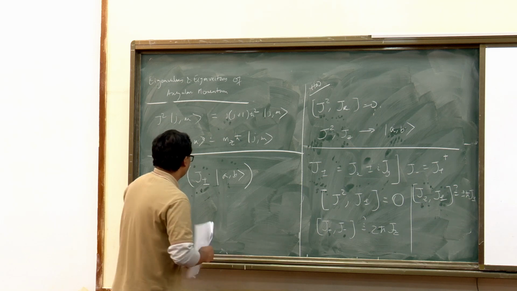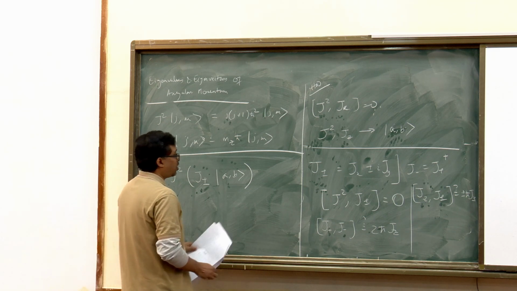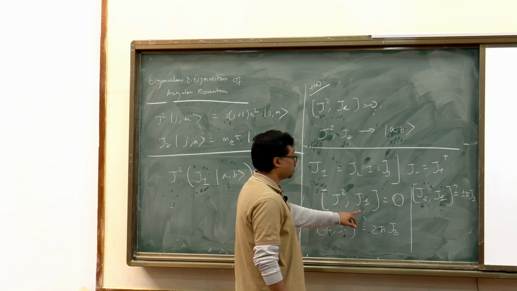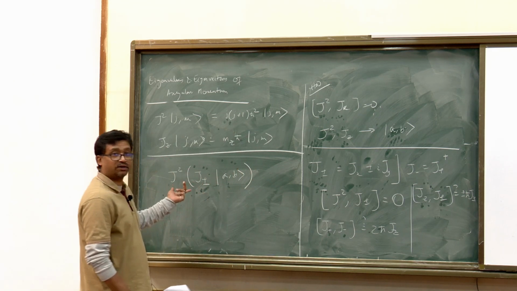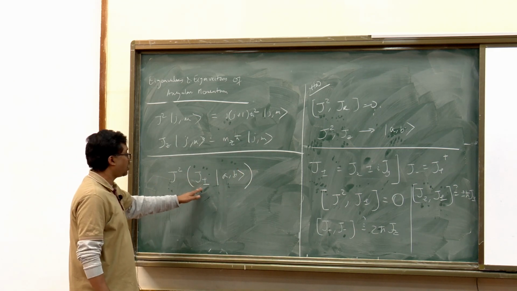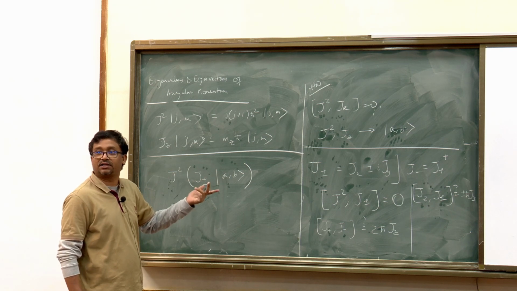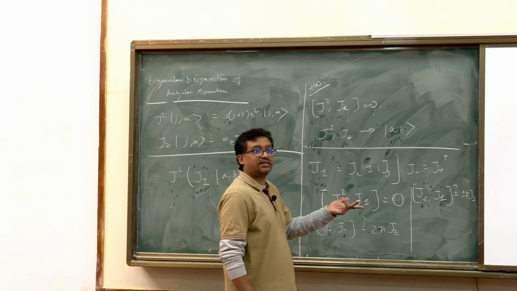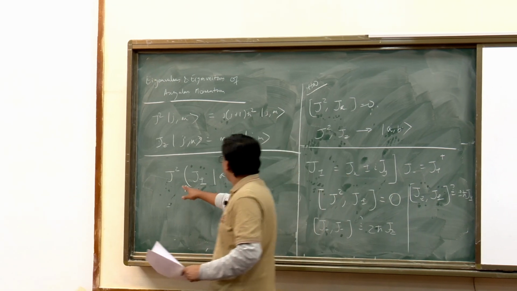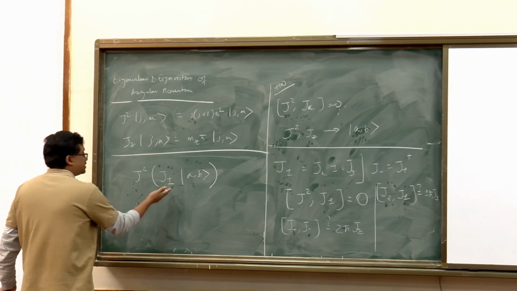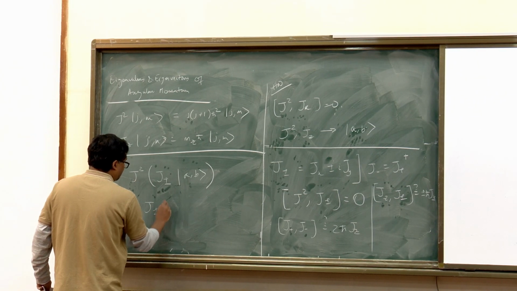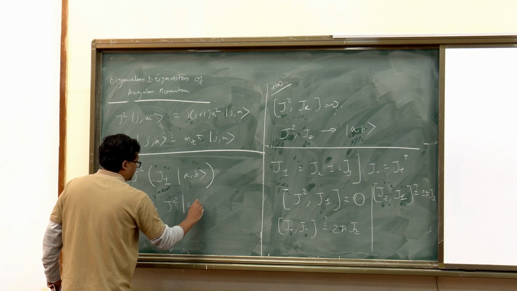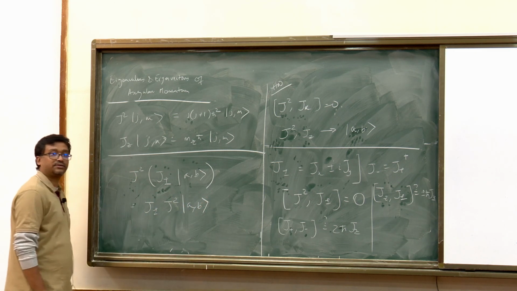Okay. But we also know that J square commutes with J plus minus. So, we switch the order. Commuting means this operator times that minus the other order is 0, so J square times J plus minus is equal to J plus minus times J square. So, this is equal to J plus minus J square acting on AB.